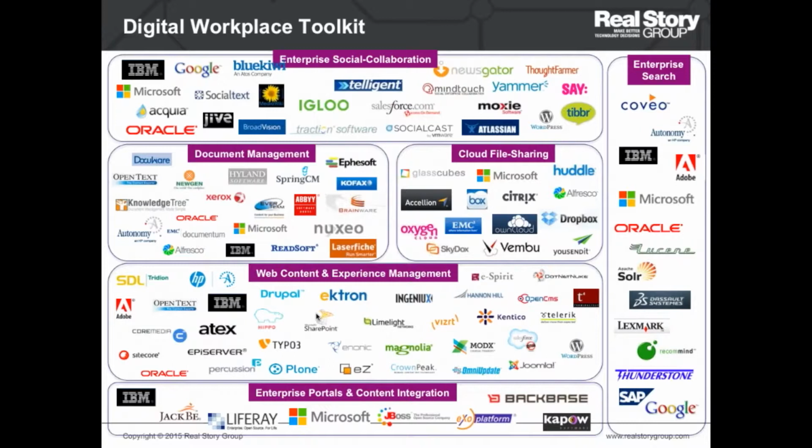But the one that we think is really central here is enterprise social collaboration. In a modern digital workplace, if it's going to be more human-centered or person-centered, if your employees are your customer and to that extent more customer-centered, then you really have to be effective in allowing humans to work the way we've always wanted to work, which is socially and collaboratively.